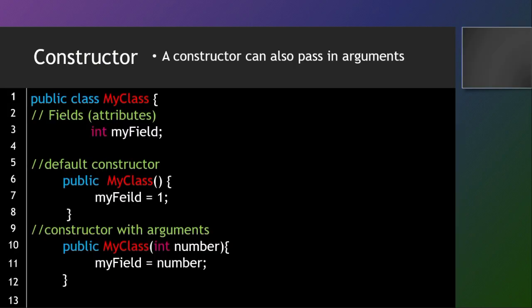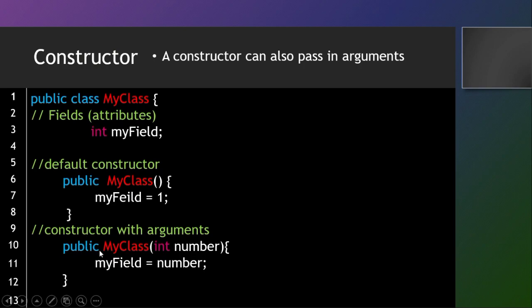Okay, so a constructor can also pass in arguments, right? Earlier on, I talked about having arguments inside here, and we've talked about the public for MyClass and the importance of why this must have the name of its class itself. So let's look at an example of a constructor with arguments.